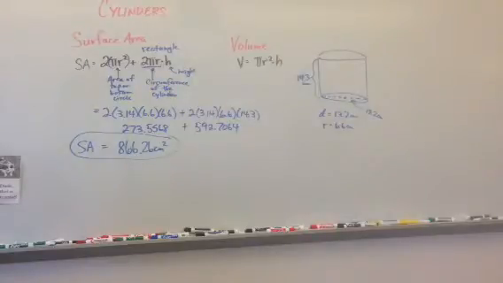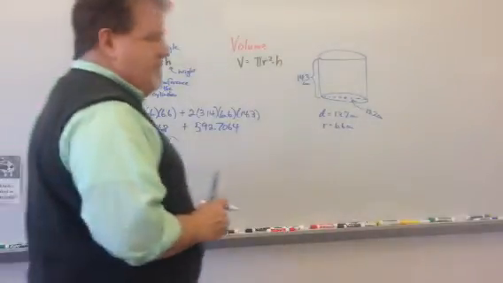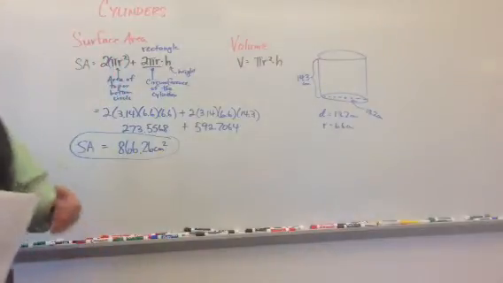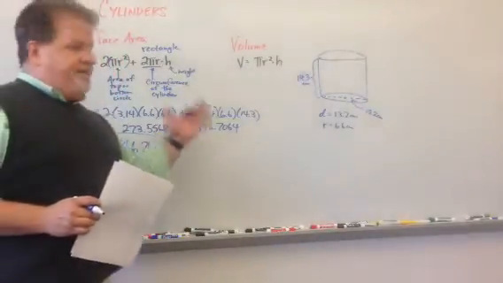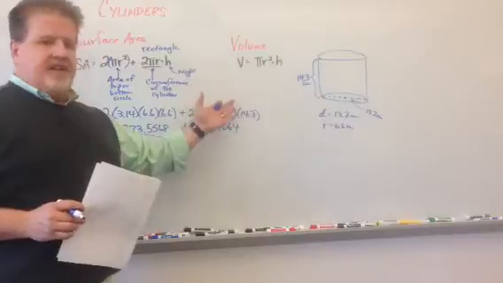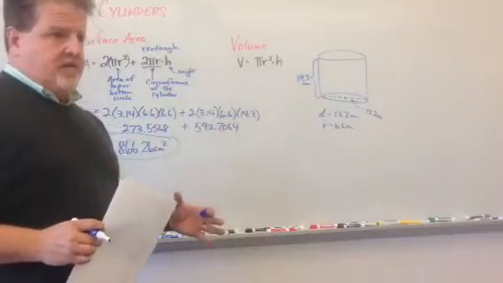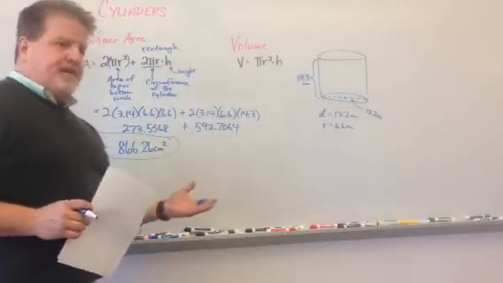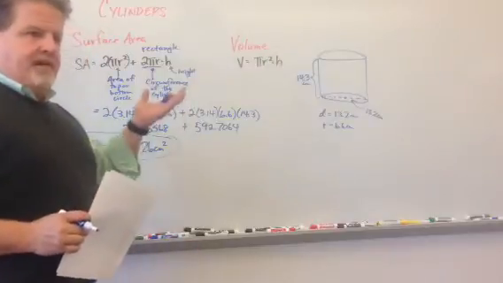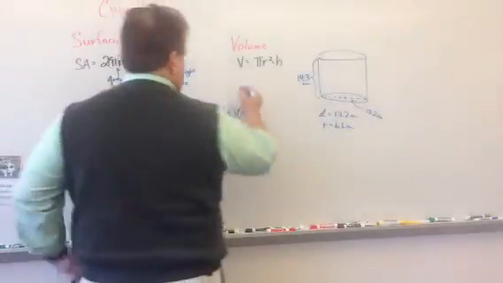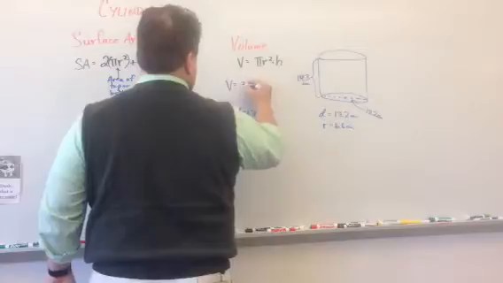Okay? In terms of the volume, remember, just like with a triangular prism or a rectangular prism, the footprint of the cylinder is going to be a circle. Okay, so you're going to take whatever the footprint is, and you're going to multiply by the height. So the volume is going to be a little simpler calculation.